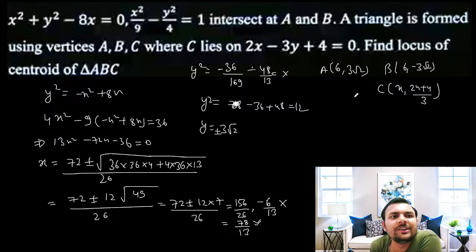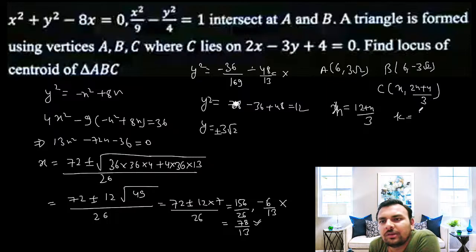Now we have to find the locus of centroid. So centroid x, which is equal to 6 plus 6, 12, 12 plus x by 3. This is h. Okay, and k is what? 0 plus 2x plus 4 by 9.